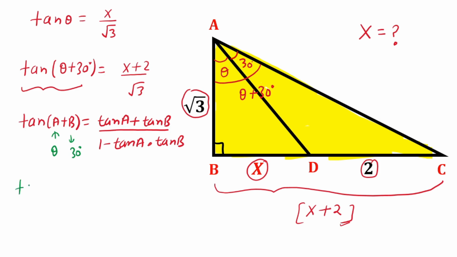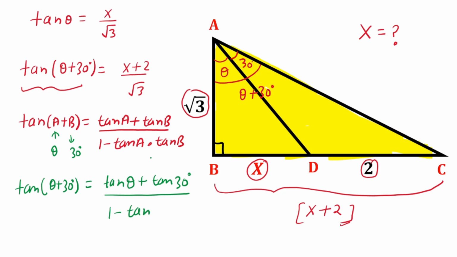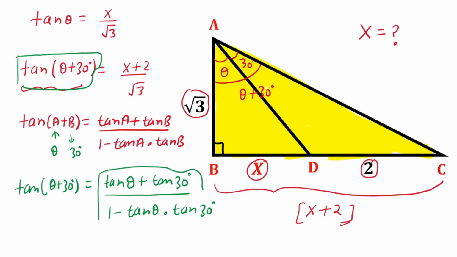Then the left hand side tan of theta plus 30 degrees equals tan theta plus tan 30 over 1 minus tan theta times tan 30. Then this expression is equal to this.